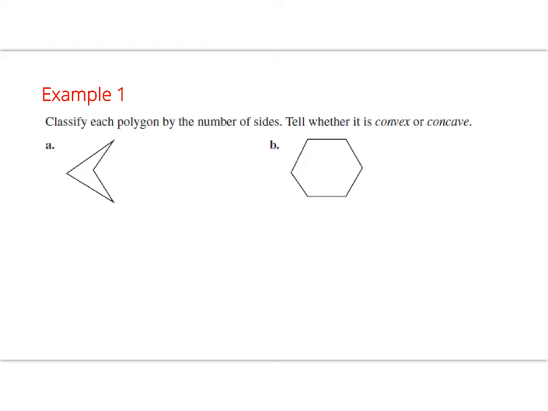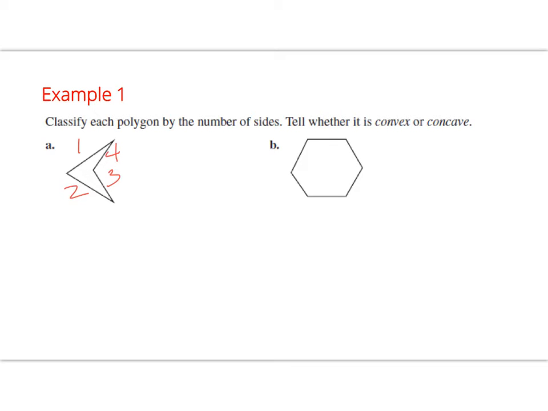All right, let's take a look at these two shapes. Classify each polygon by the number of sides, and then tell whether it is convex or concave. So first, let's look at the number of sides. We have 1, 2, 3, 4 sides, so that makes it a quadrilateral.